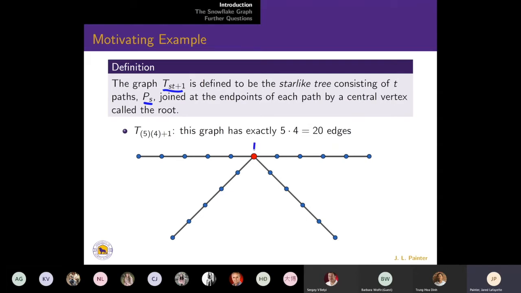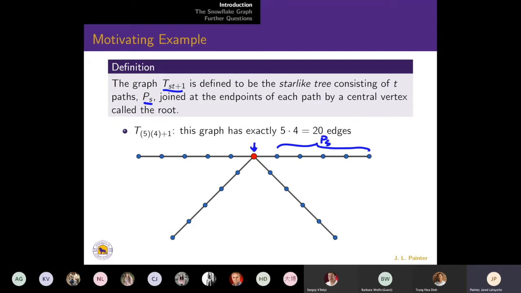So we have this red vertex here, that's what we call our root. Then we take our paths, these are all paths of length 5, so each of these is a P5. And then we join one of the end vertices of each of those paths to that central vertex. And we have exactly 4, or T, of those paths of length 5.